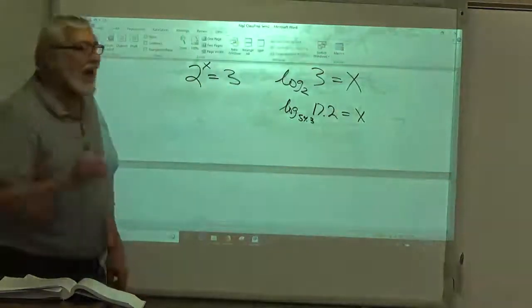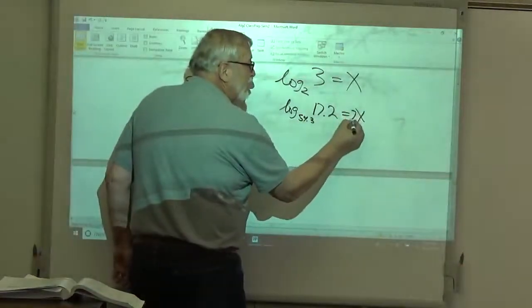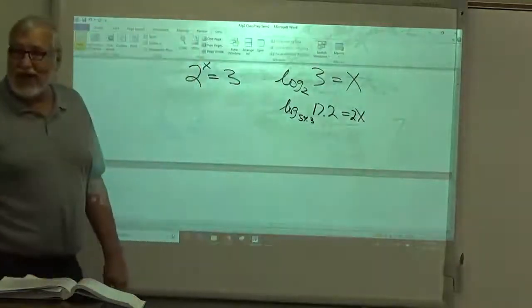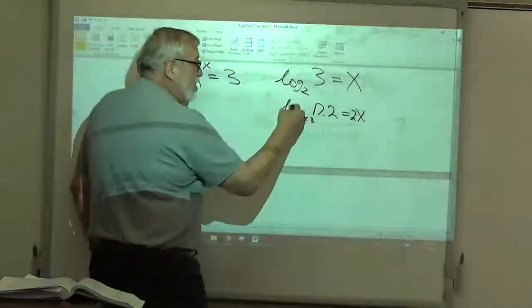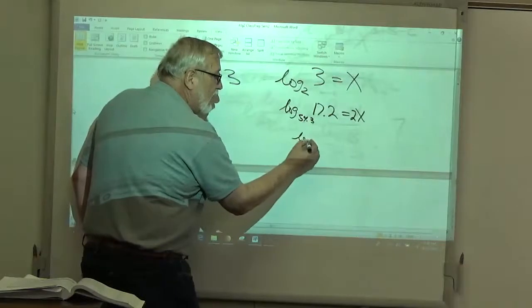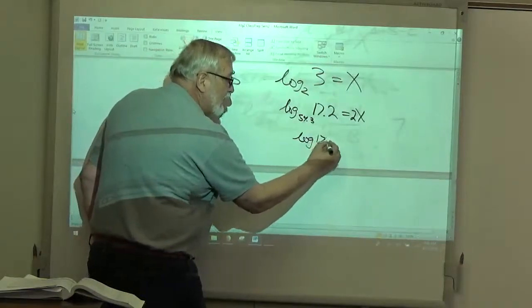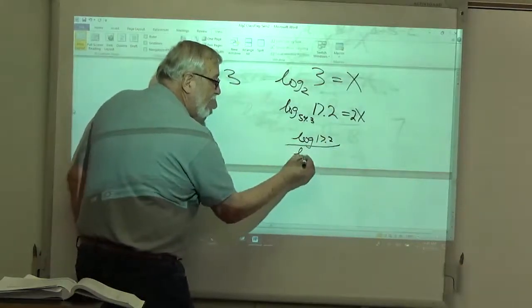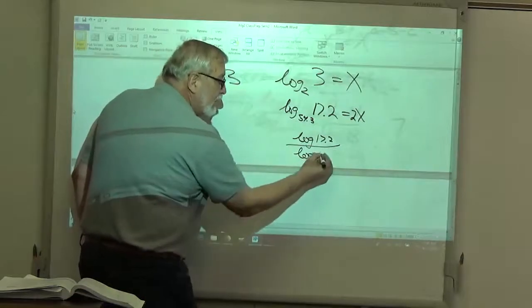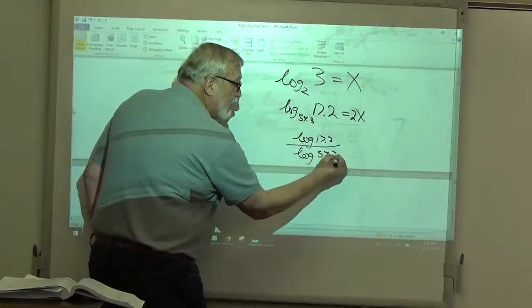Okay, suppose that this would have been 2x instead of x. Then to be able to do this part, I take log 17.2 divided by log of what? 54.3.